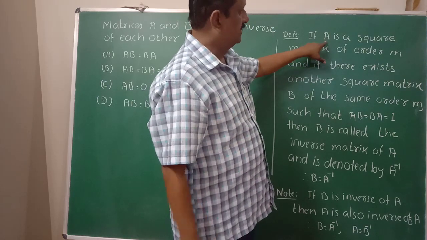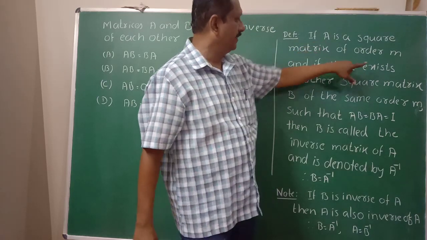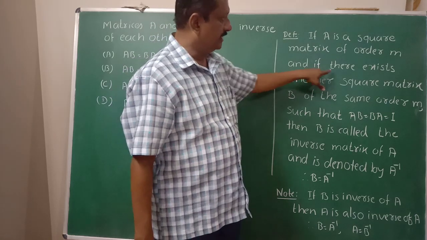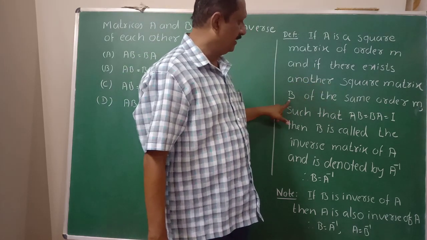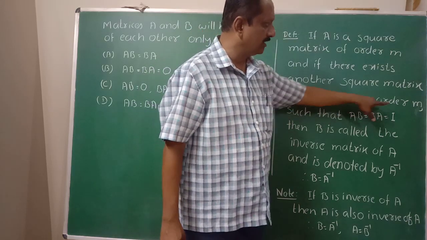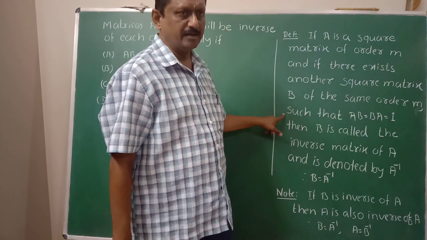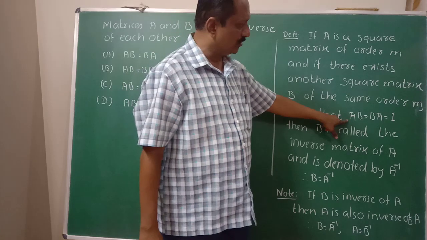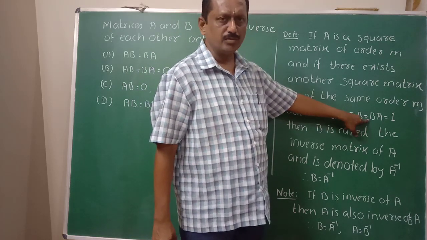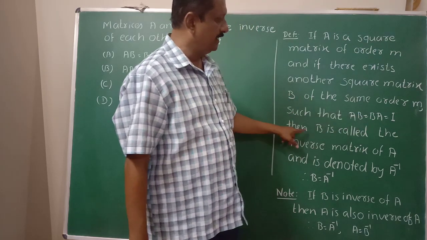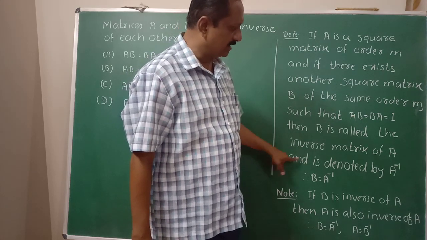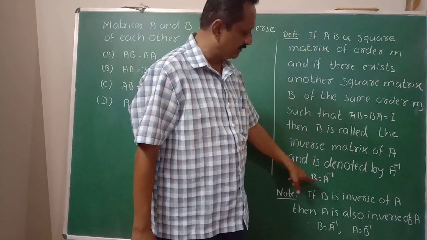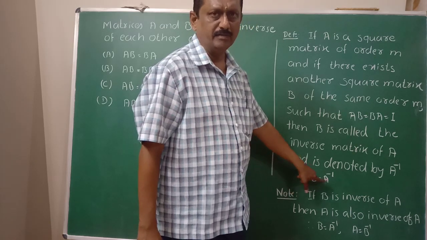If A is a square matrix of order m, and there exists another square matrix B of the same order m such that AB equals BA equals I, then B is called the inverse of the matrix A and is denoted by A inverse. Hence B equals A inverse.